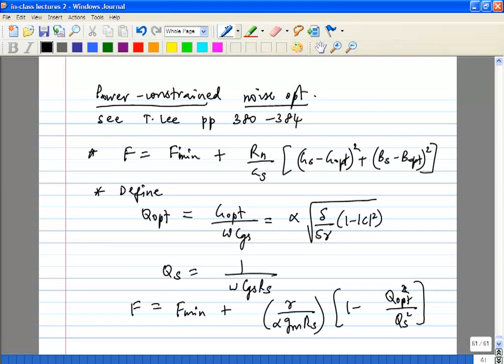And finally you get the value of Qs. It turns out that the optimum value of Qs, that is the power constrained value of Qs, happens to be around 4.5. It's a Q quality factor value, right? Happens to be between 4 to 4.5.